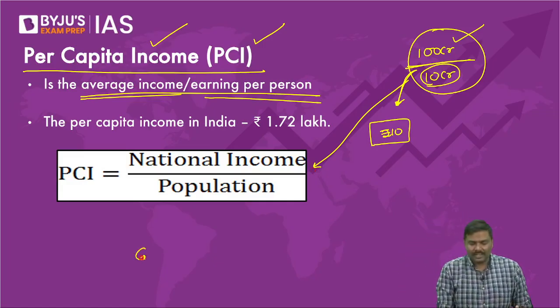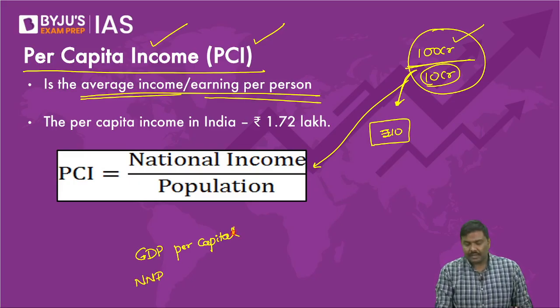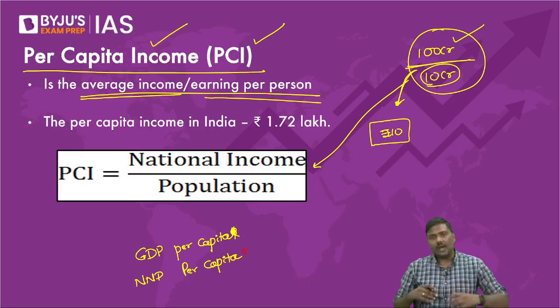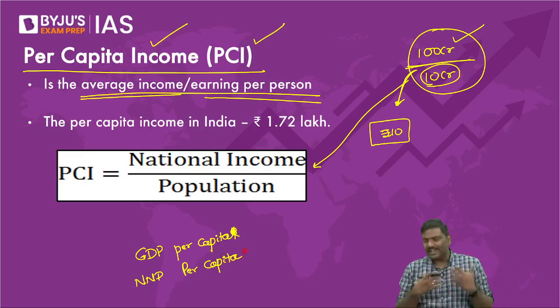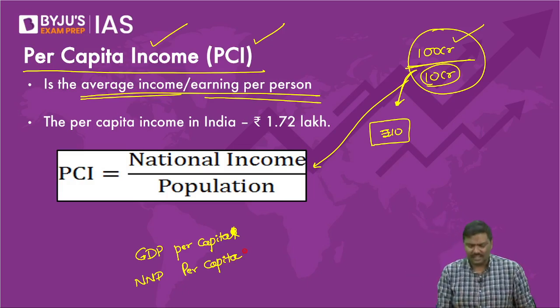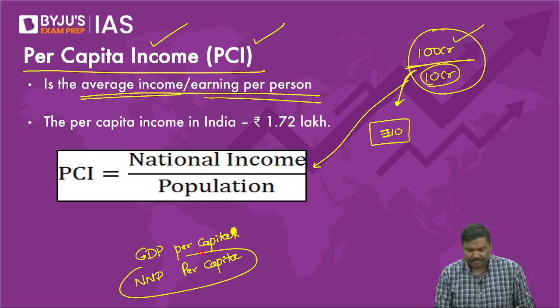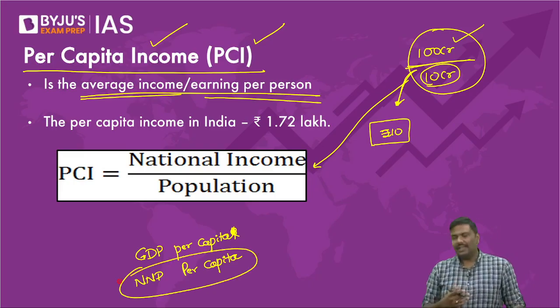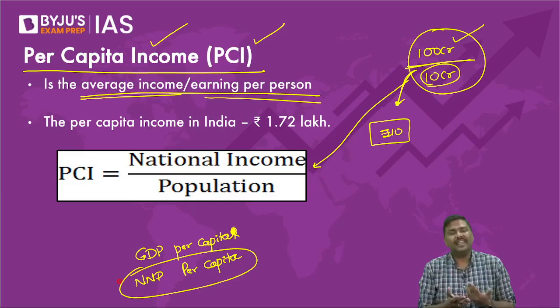If you calculate GDP per capita and also NNP per capita, which is net national income per capita, tell me which is a better indicator to find out how Indians are performing? NNP per capita. Right, I hope you understand. NNP per capita is a much better indicator for us.